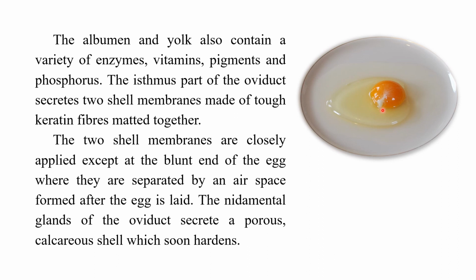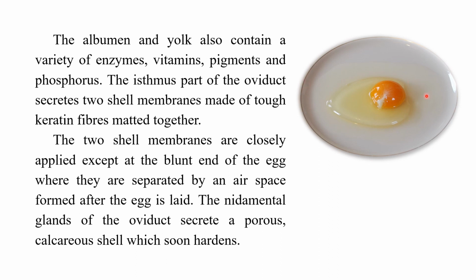So surrounding this yolk and the albumin, two shell membranes are secreted by the isthmus part of the oviduct. And this structure is tough because of the presence of keratin fibers that are matted together.